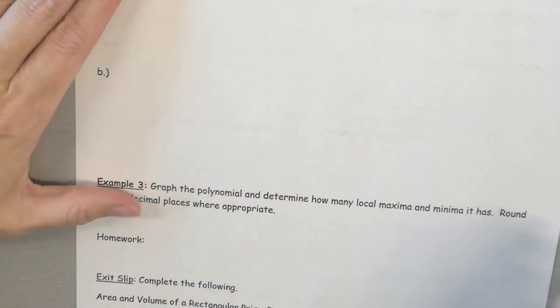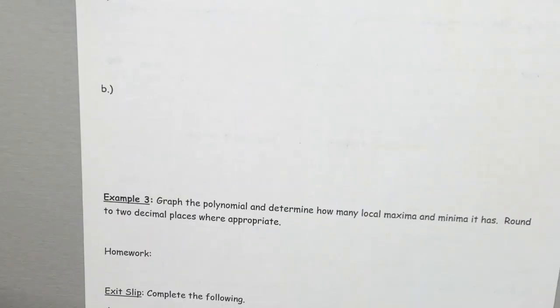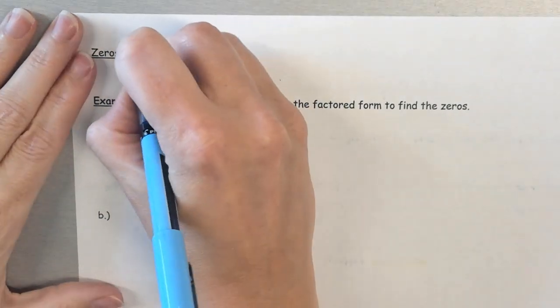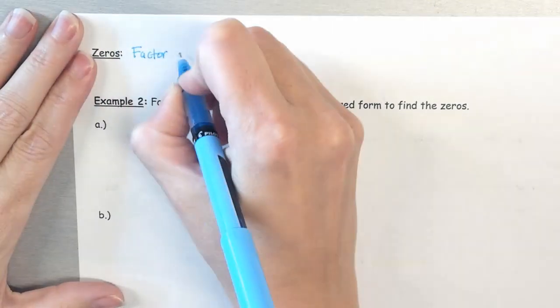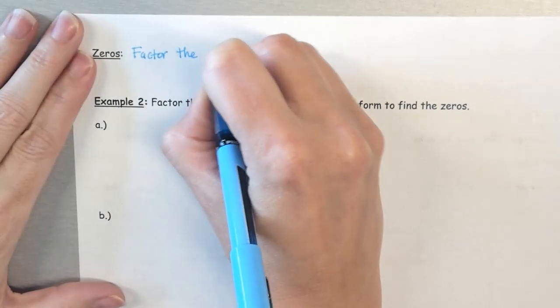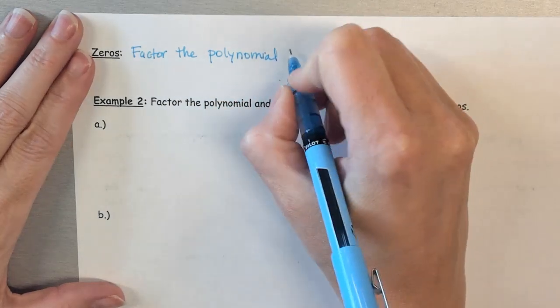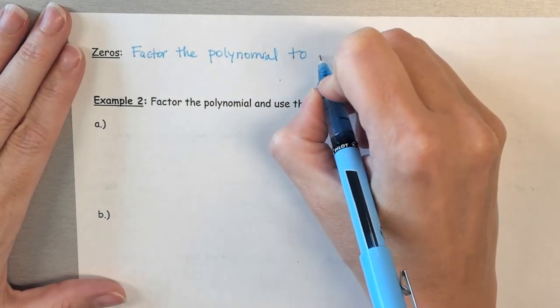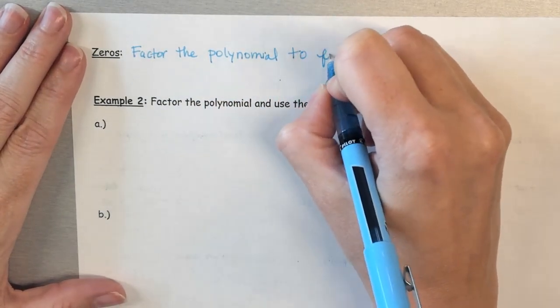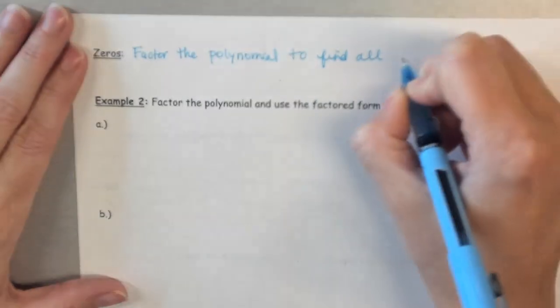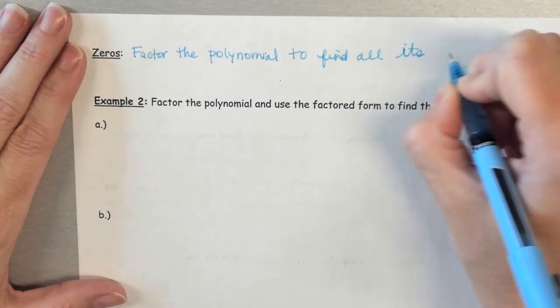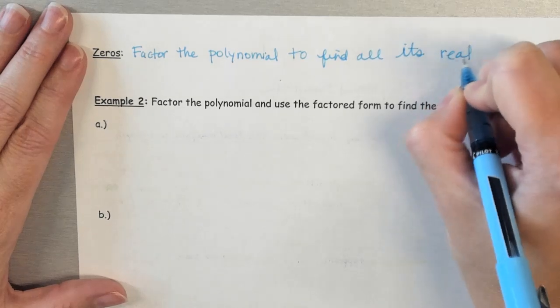Okay, so when you are finding zeros, some of your directions are going to say to factor the polynomial. So yay, we're going to do some factoring. Okay, so we're going to factor the polynomial to find all its real zeros.